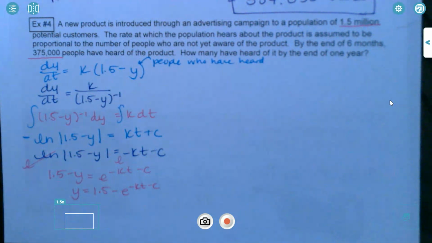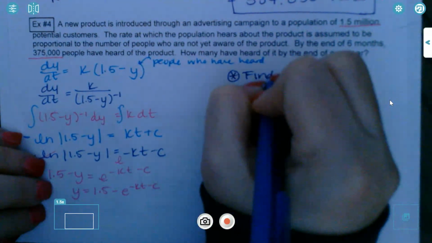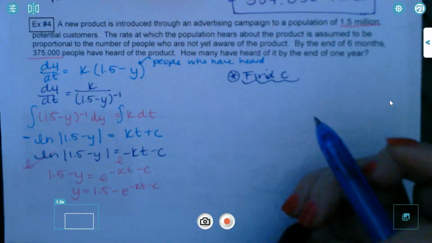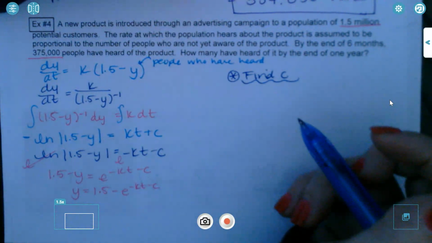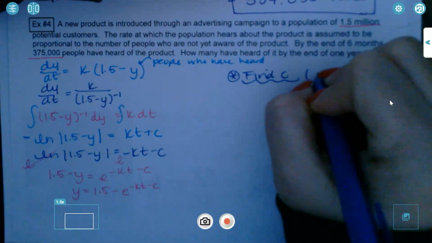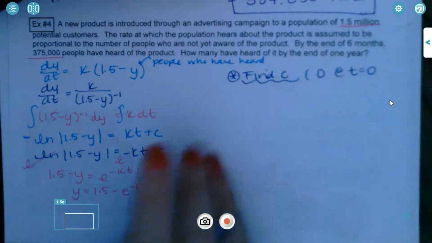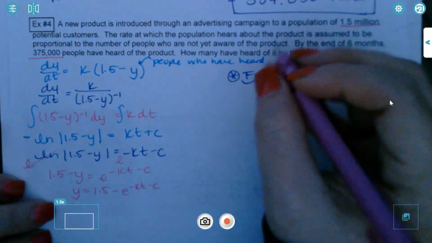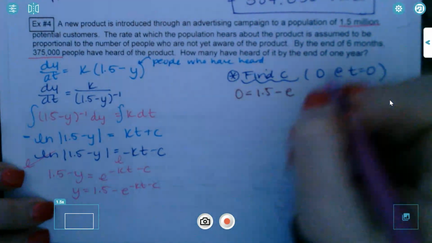All right, so let's find c. We know that after no time had passed, nobody had heard. So we're going to use the knowledge that we have 0 at t equals 0. I'm going to plug in 0 for both t and y. So 0 is going to equal 1.5 minus e to the negative c.